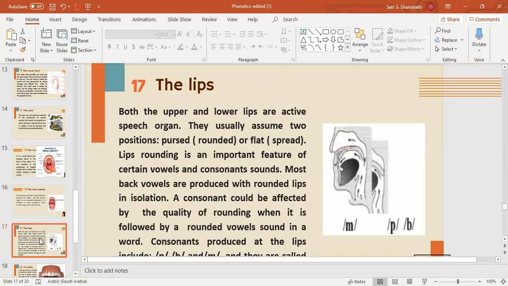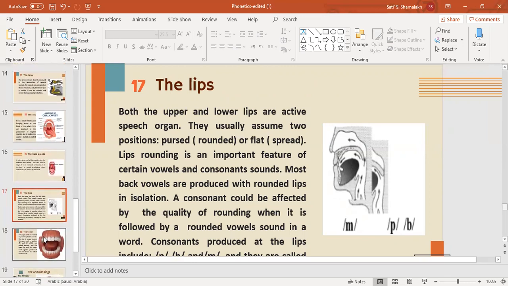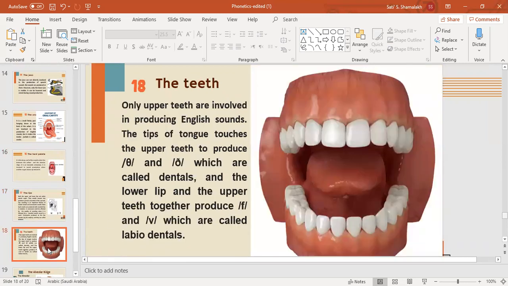The lips, everybody knows what the lips are. And teeth, you see beautiful white teeth. We have upper teeth and lower teeth. And you see the teeth are fixed in the alveolar ridge. This is the ridge, لثة.